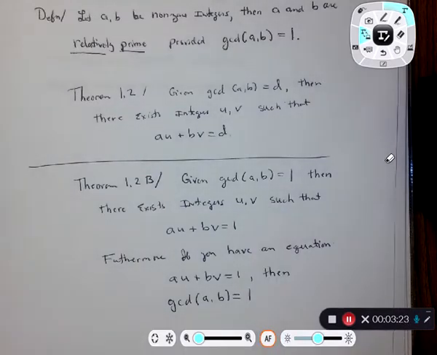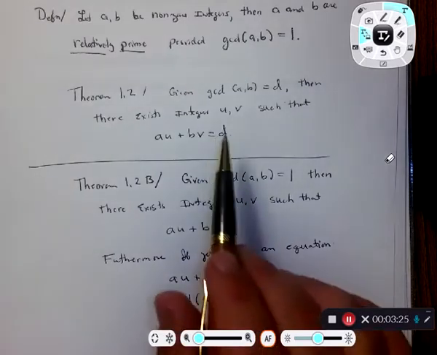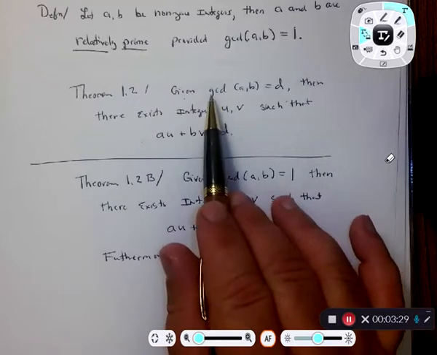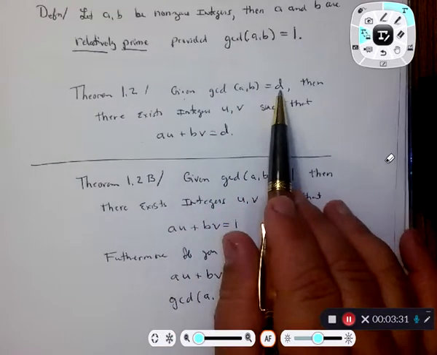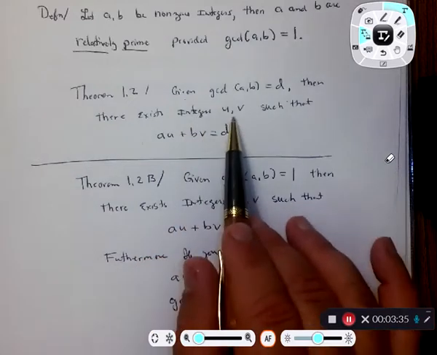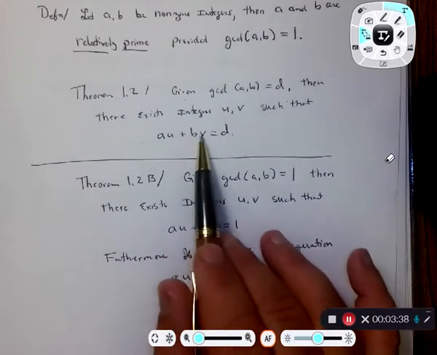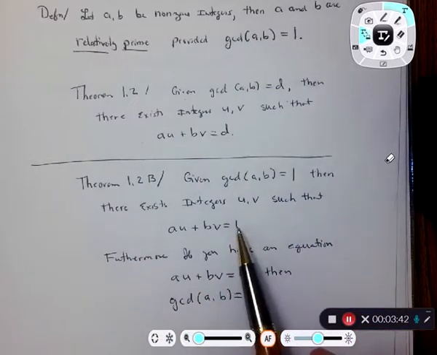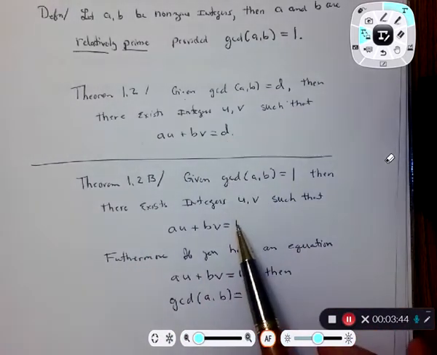positive integer. So we said, this idea, I was paraphrasing this one up here, given that the GCD of A and B equals D, then there exist, not necessarily unique, integers U and V, such that AU plus BV equals D. But if you're going to set that guy equal to 1, that's the smallest positive integer that's possible.